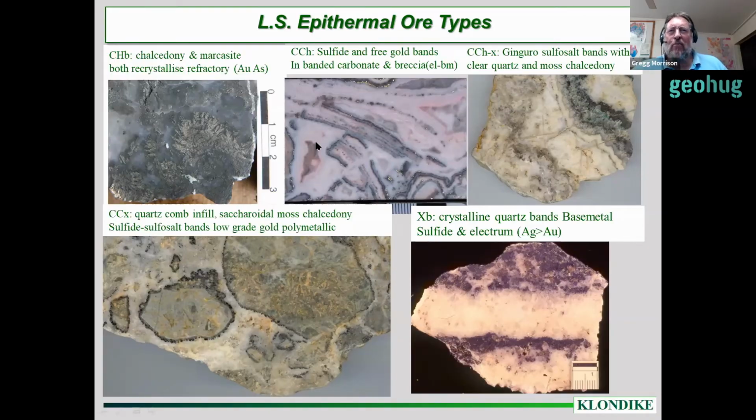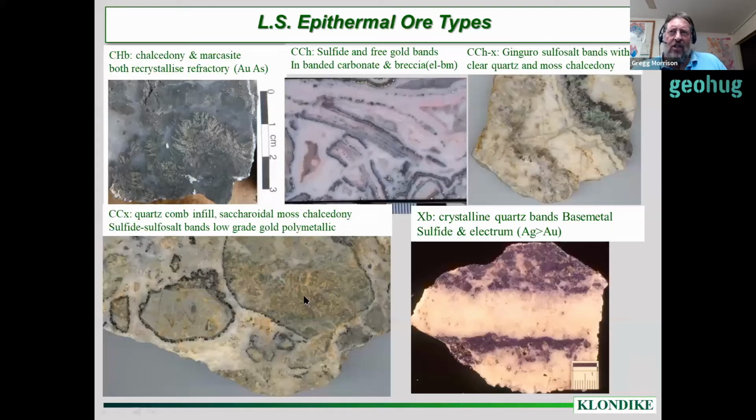Okay, so there can be ore in all of those different textural varieties, but the reality is that this one tends to be with pyrite and arsenical pyrite and be refractory. The ones with manganocalcite tend to have free gold along with sulfosalts and sulfides. The ginguros tend to have sulfosalts dominant.